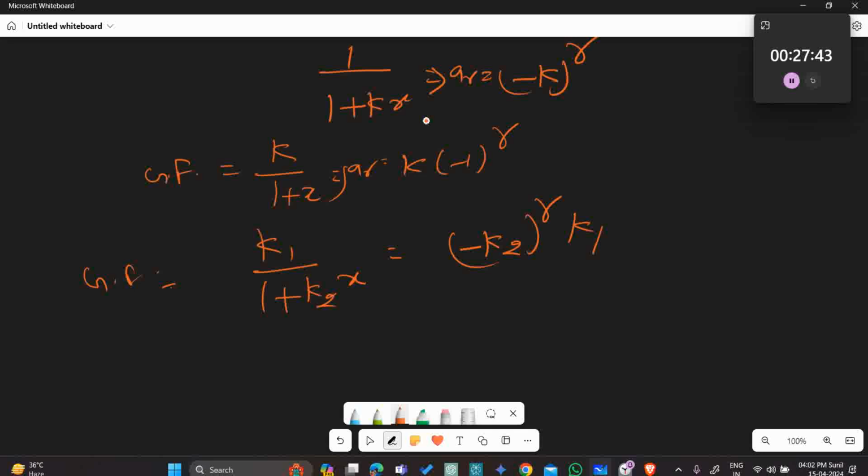So let's discuss some questions over here. Example here is 6 upon 7 plus 2x, find a of r. Alright, here k1, k2, and the 1 is needed here.